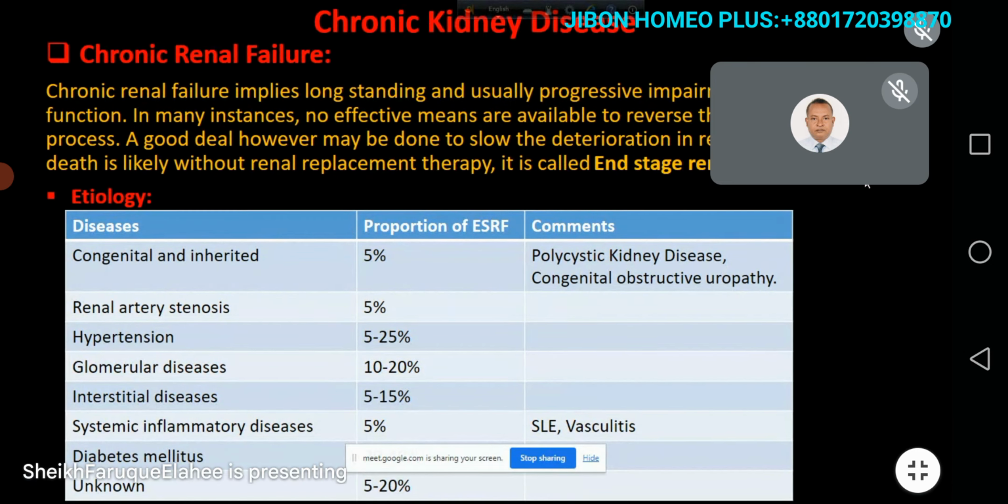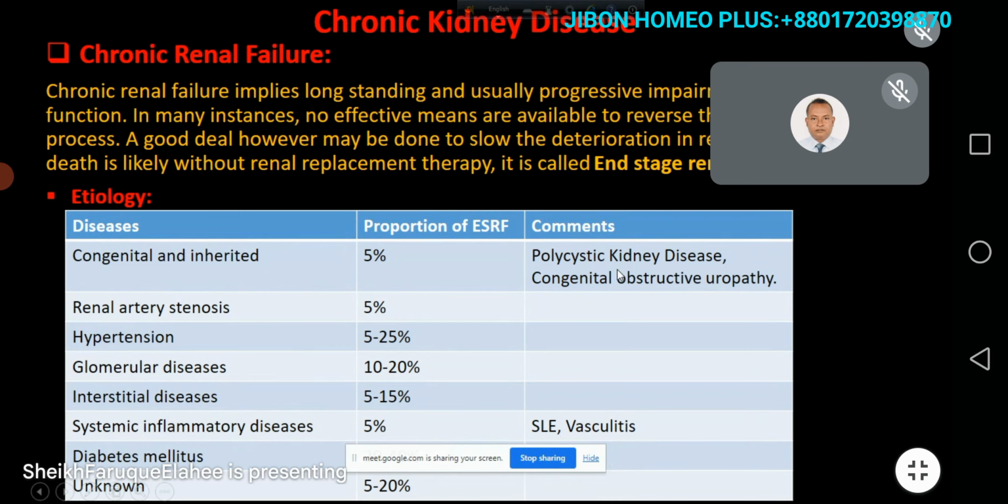Now, let us see what the causes of chronic renal failure are. Why does chronic renal failure occur? If we know the cause, it will help us in the treatment of chronic renal disease. First, there are some congenital causes, from his birth. What is this?